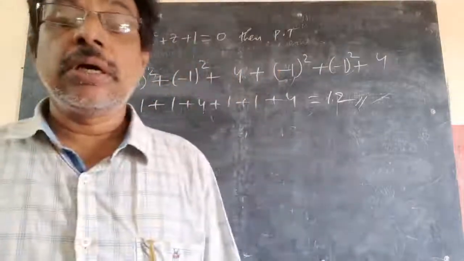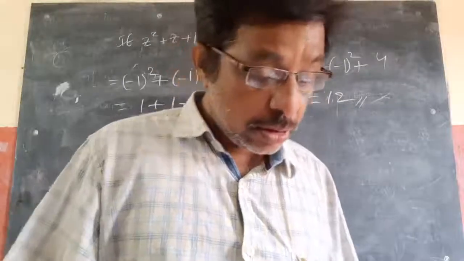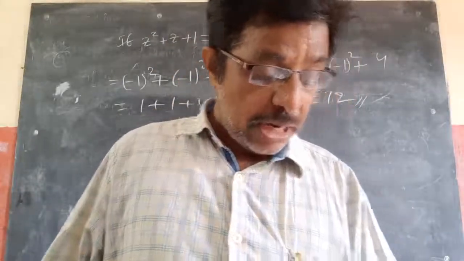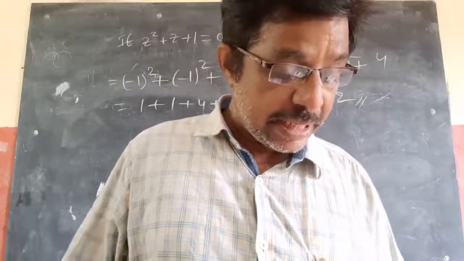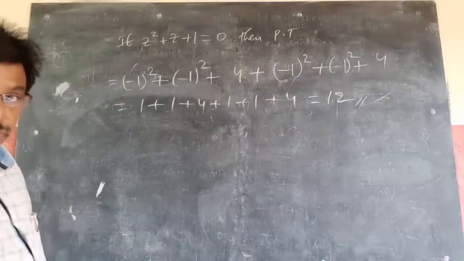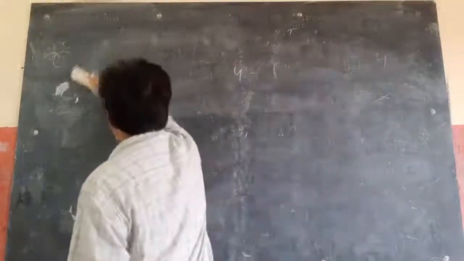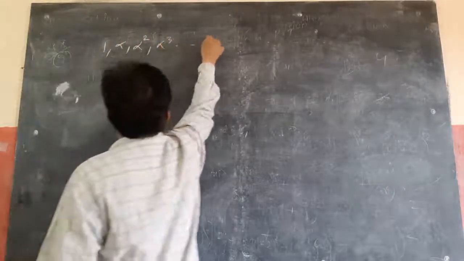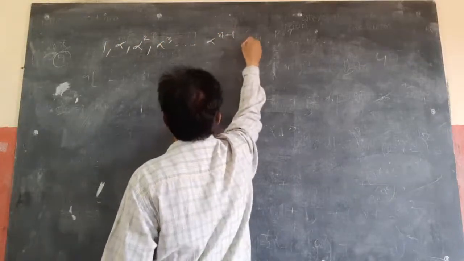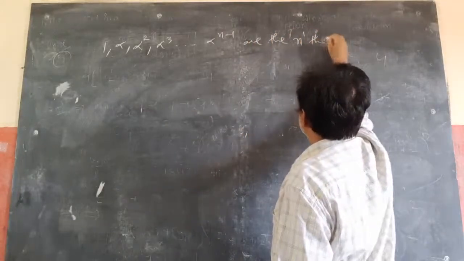Next, one more sum. 1, alpha, alpha square, alpha cube and so on until alpha power n minus 1 are the nth roots of unity.